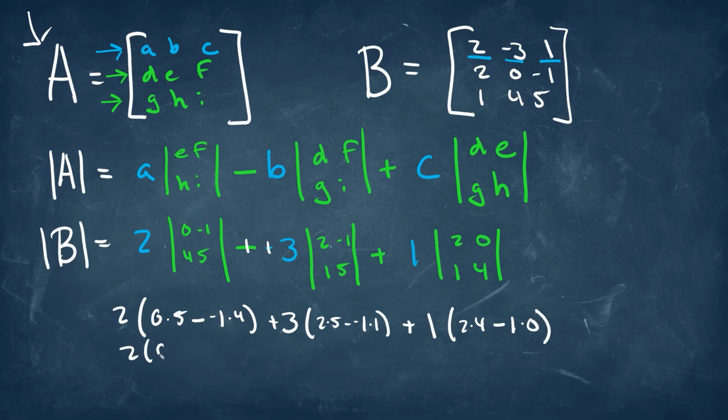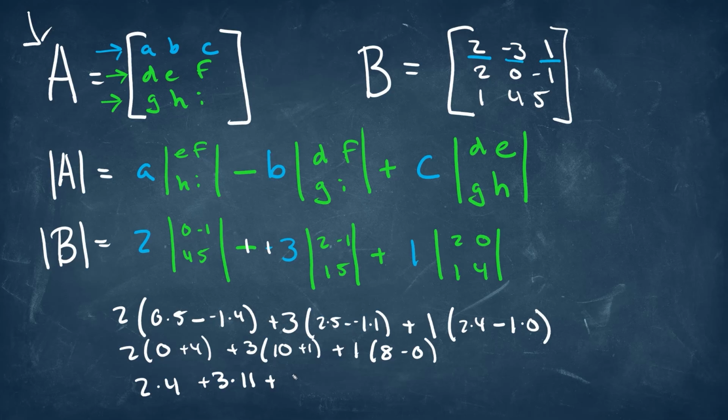Simplifying this is going to give us 0 plus 4, plus 3 times 10 plus 1, plus 1 times 8 minus 0, which will be 2 times 4 plus 3 times 11 plus 1 times 8, which will be equal to 8 plus 33 plus 8, which will give us an answer of 49.